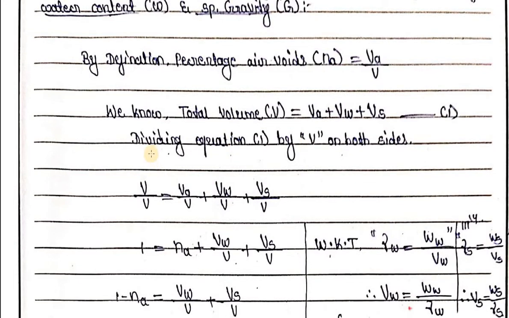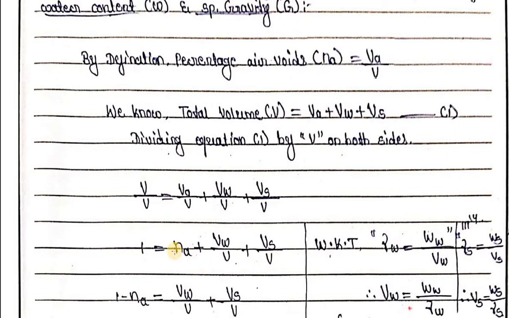Dividing both sides by total volume V, we get V by V, Va by V, Vw by V, Vs by V. V and V on the left hand side cancel, so it is equal to 1. Va by V is nothing but the percentage air voids, na. Vw by V and Vs by V I am going to keep as they are.